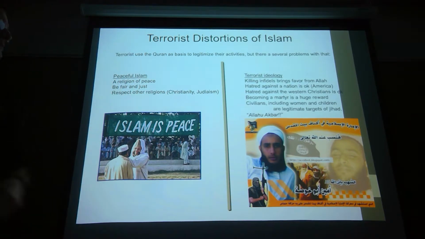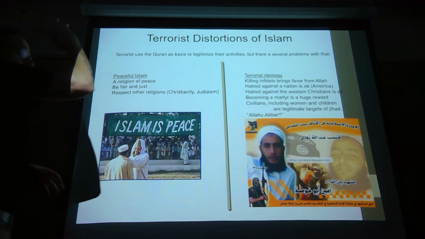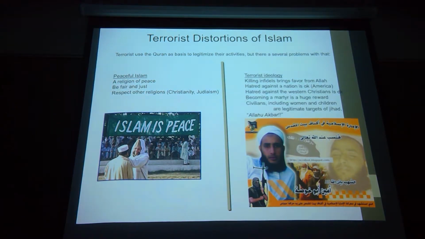Looking at the terrorist ideology, killing infidels brings favor to Allah. The idea is that you're killing for your God. What you'll find is many of the things used on the terrorist side currently were similar to the things used during the Crusades. So this is not something that is only a product of Islam.